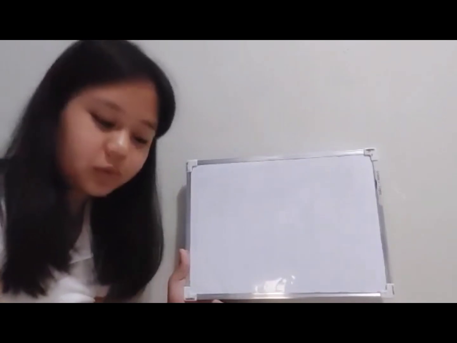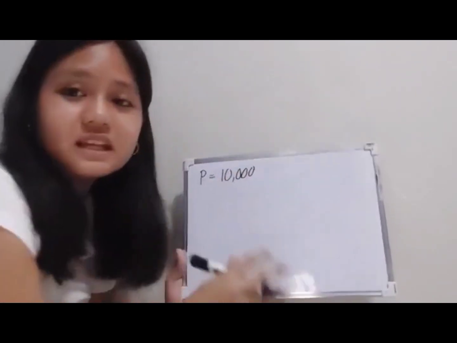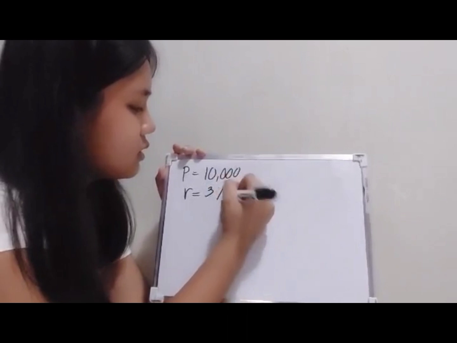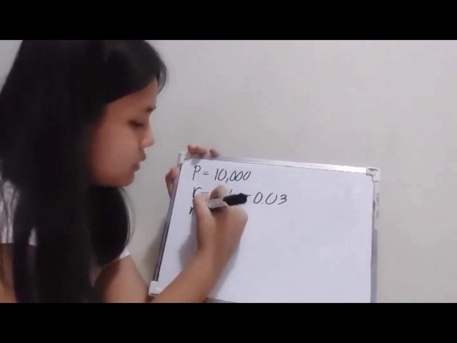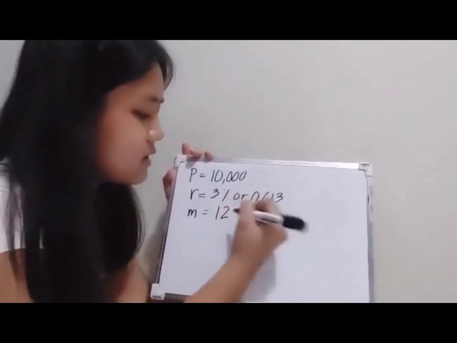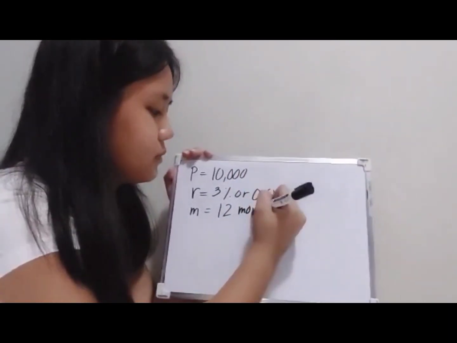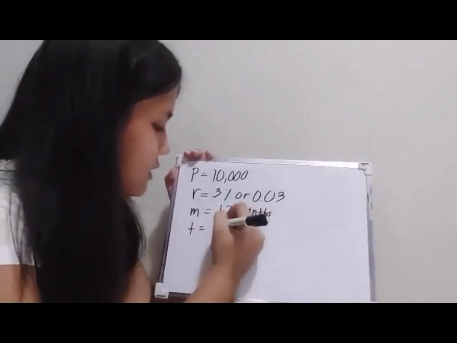Now that we know the formula that we will be using to solve this problem, we must first know what the equivalents are. So P is equal to 10,000. Again, P is for principal. R, which is rate, is equal to 3% or 0.03. M, which is the compounding period, is equal to 12 months as it was compounded monthly. And lastly, time, which is 5 years.